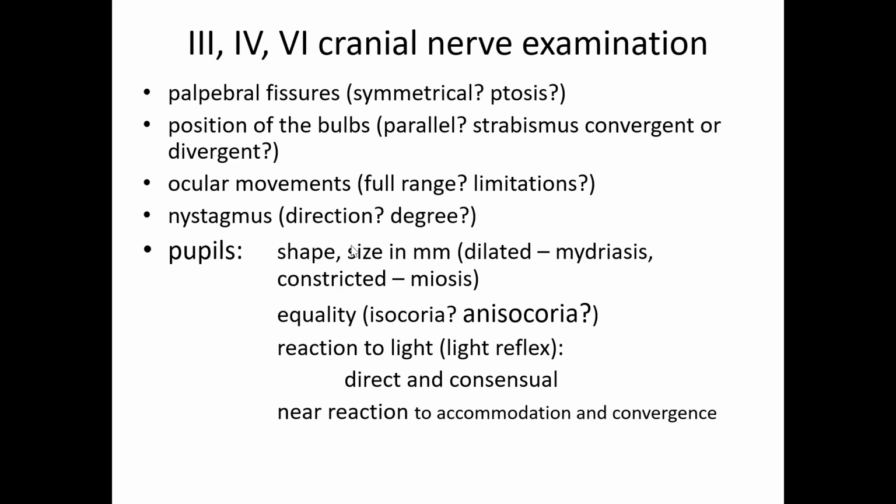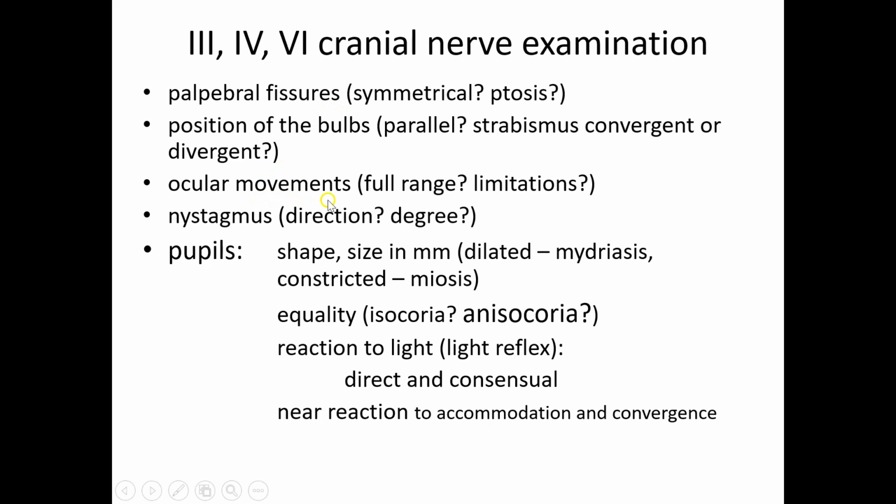So third, fourth, and sixth nerves, if combined, you must look for these things in the patient. You must check the palpebral fissure for symmetry or ptosis, and the position of the eyeballs, which should normally be parallel, or whether there is some convergent or divergent squint.